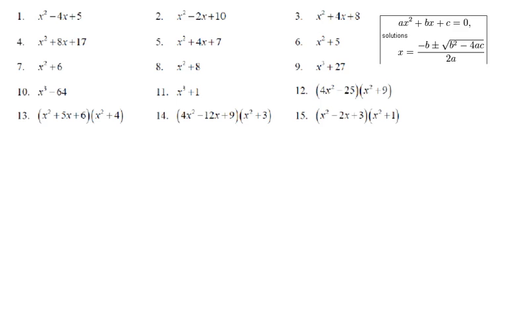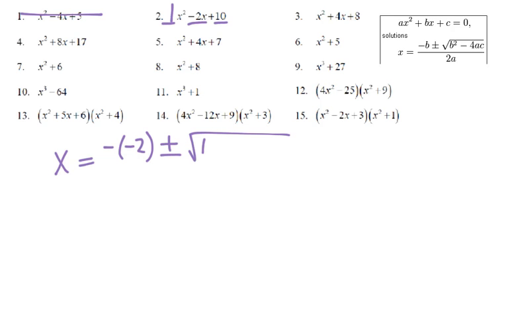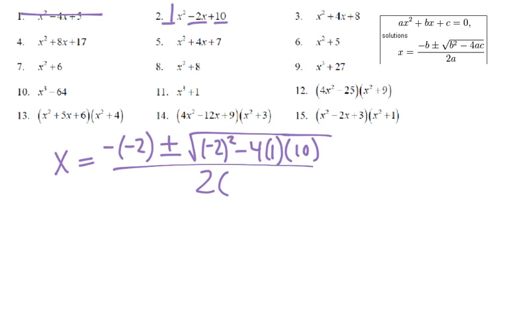Alright, so I placed a non-written version of it, just so we have it there. So that's all we're going to work through. A is 1, B is negative 2, C is 10, so I go x equals the opposite of b, so a negative, negative 2, that's why it turns into a positive, plus or minus the square root of negative 2 squared minus 4 times 1 times 10, that's a and c, over 2 times 1.